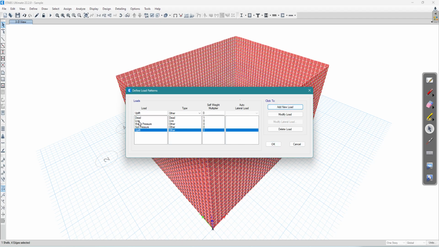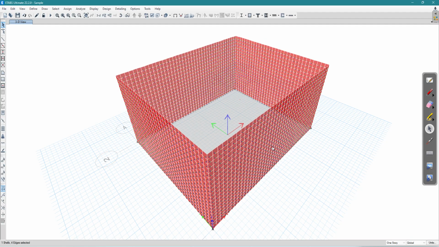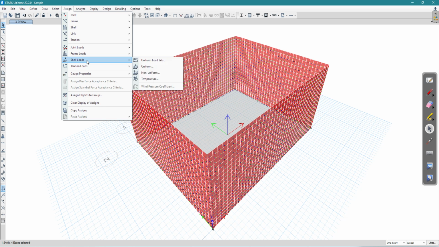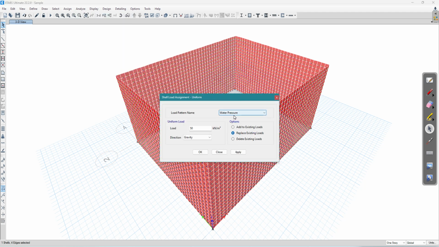So you have dead, live, water pressure, soil pressure, uplift. Click on OK. Select this base slab only, go to assign shell loads uniform. In load pattern name, select uplift. It is gravity direction, but it is opposite to gravity, so here you should type -20. If you take +20, it will be in a downward direction.